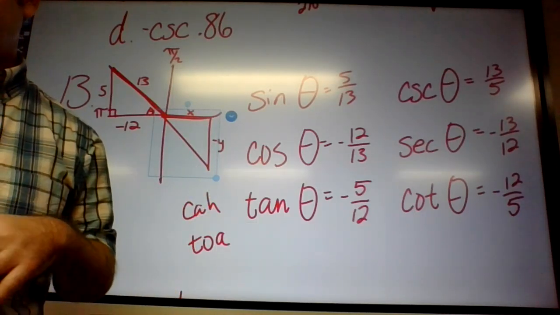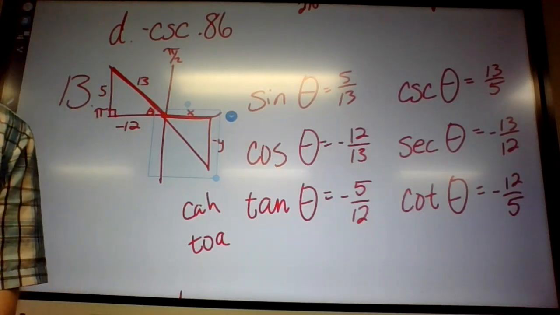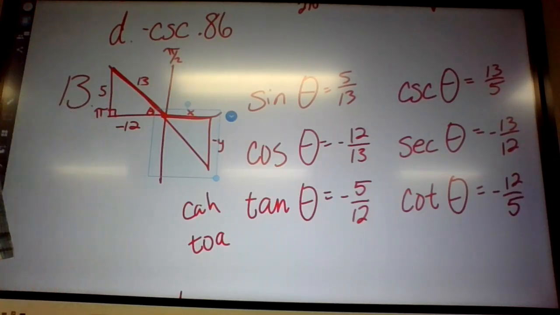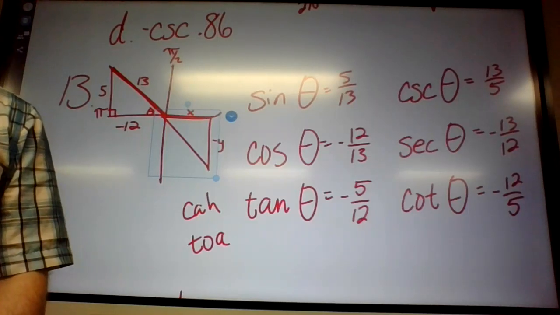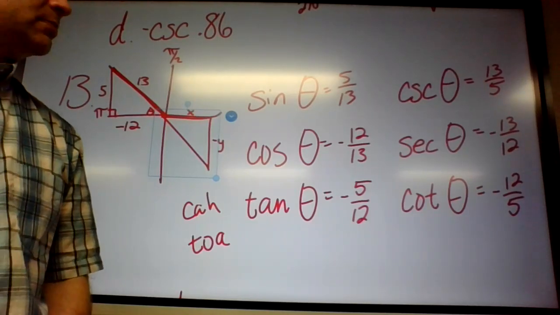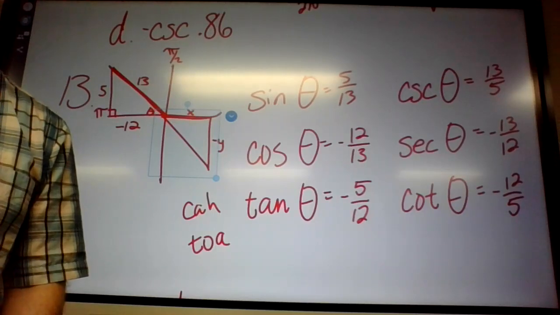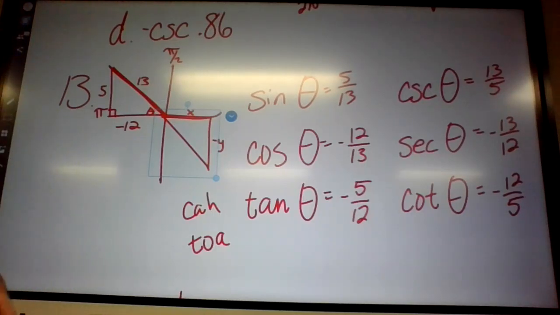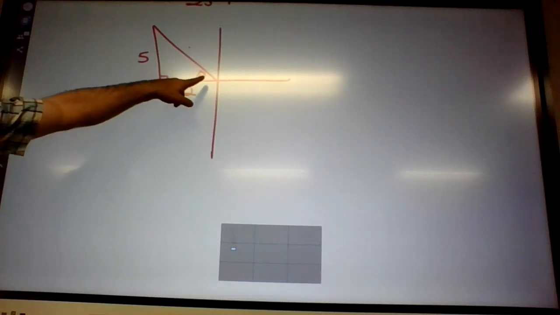Good. So cosine is adjacent over hypotenuse. 24 is like the x value, 25 is like the hypotenuse. So 16 would just be negative? Or only the x? In the second quadrant, the x is negative, the y is positive.